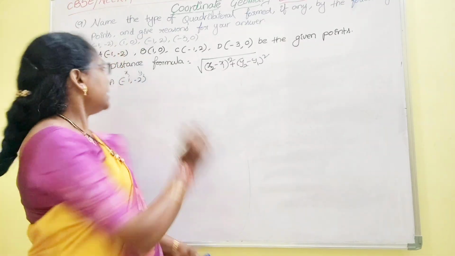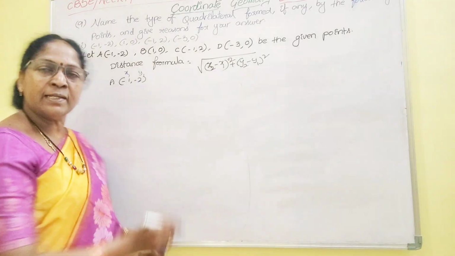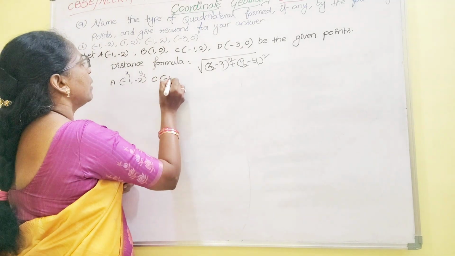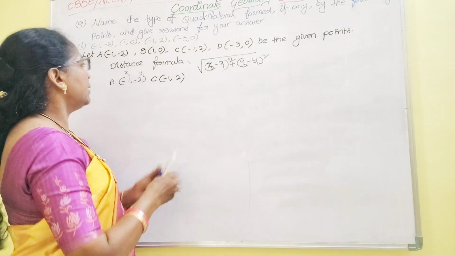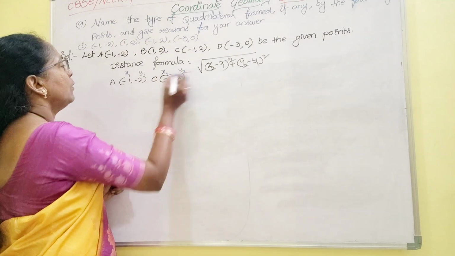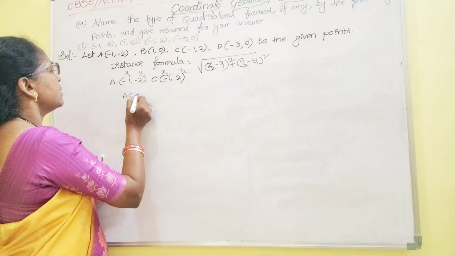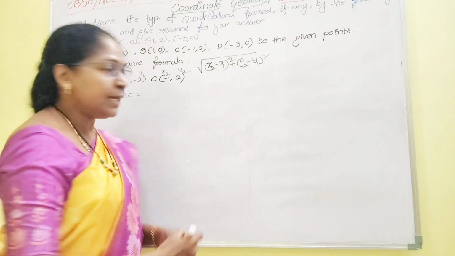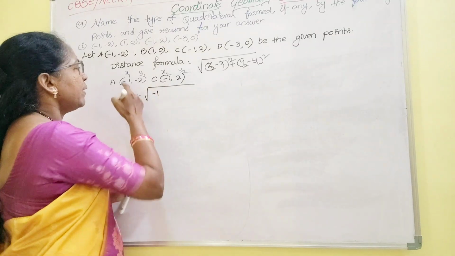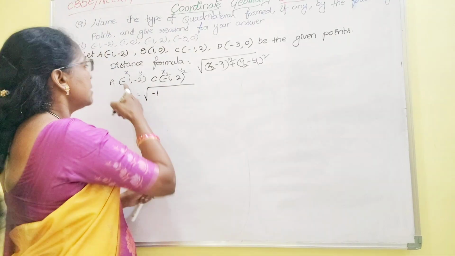Next distance is AC, where A point is minus 1 comma minus 2 and C point is minus 1 comma 2. Here they represent x1 y1 and x2 y2. Now again AC distance we have to find out, where AC equals square root of, where x2 equals minus 1 and x1 equals, this is also minus 1.